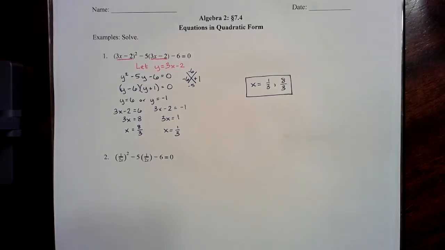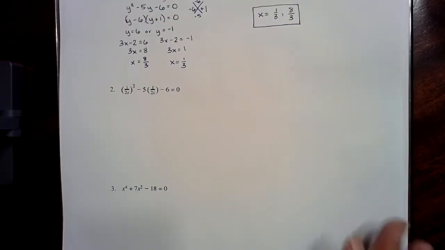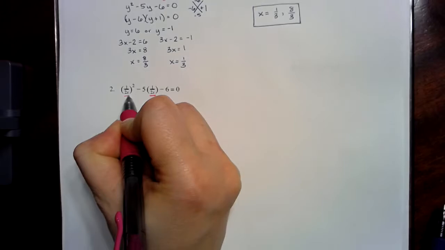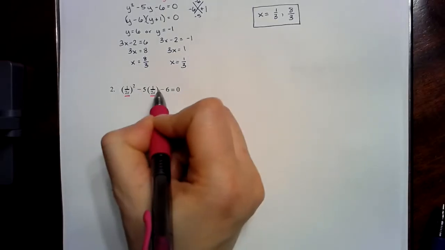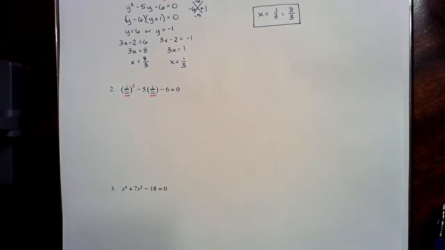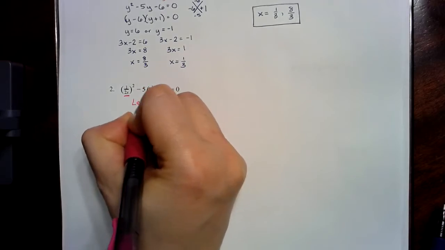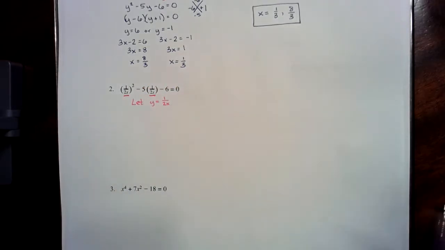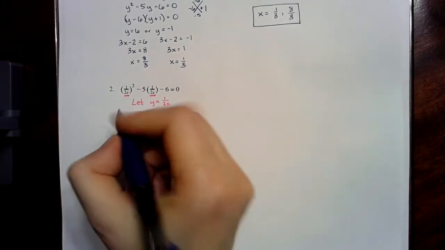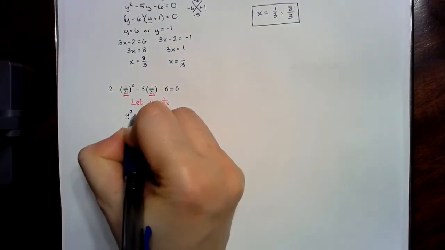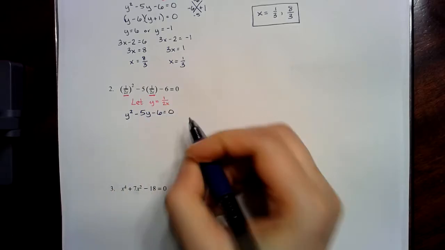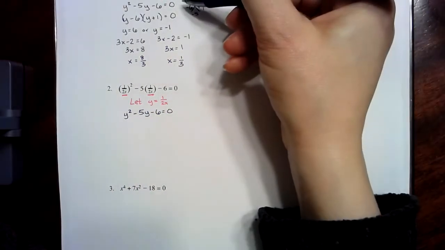Let's do another example. Again, I see that I have this 1/2x repeated, once with a square, once without. So I'm going to do the same thing I did before. I'm going to replace them with a new variable. And once I've done that replacement, I see, hey, look, we just solved this problem.